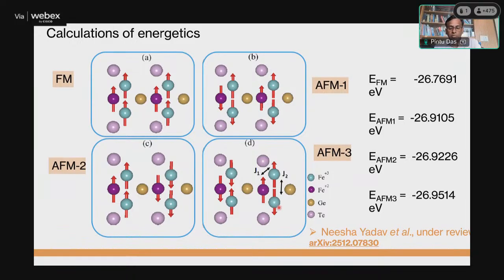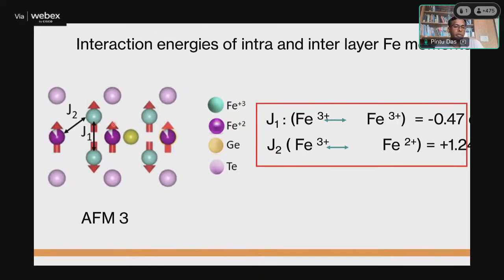So that's what is very interesting, and we have calculated the exchange interaction between these two, and we find that this exchange integral parameter J1 equals 0.47, and J2 is plus 1.29. So one is the ferromagnetic and another is the antiferromagnetic interaction in this case.